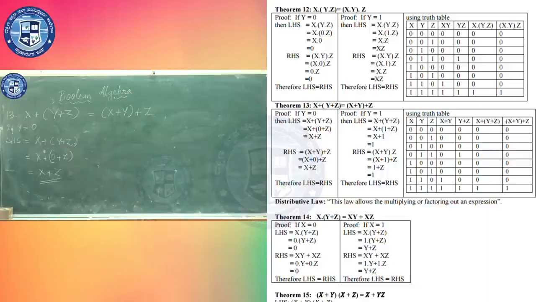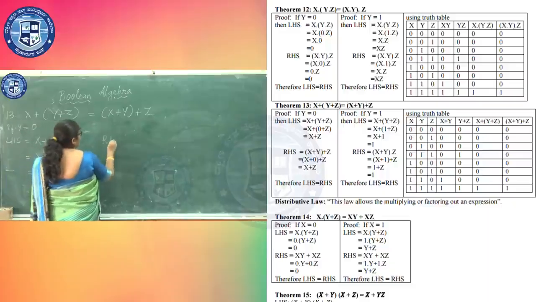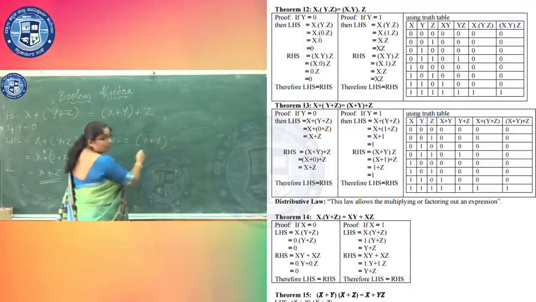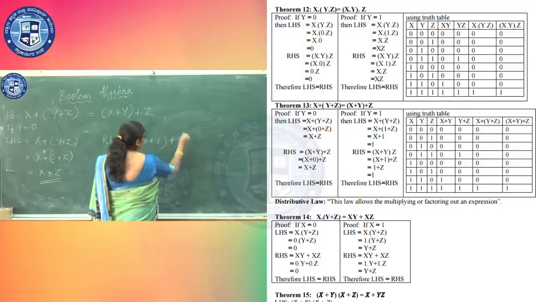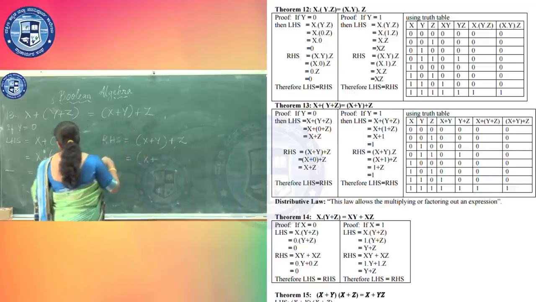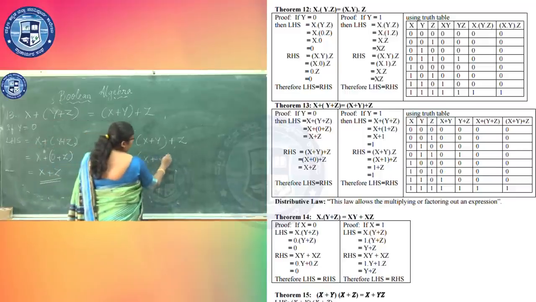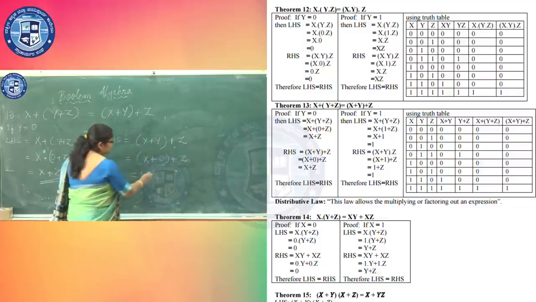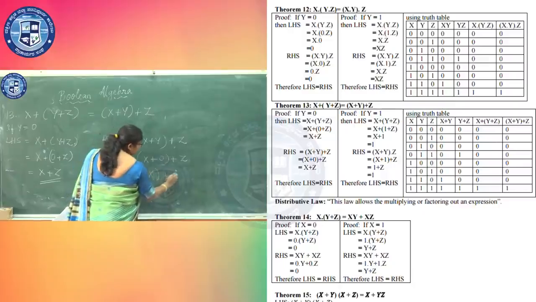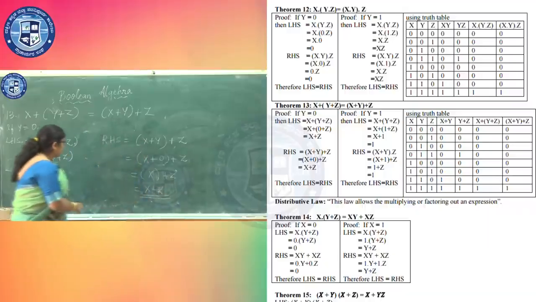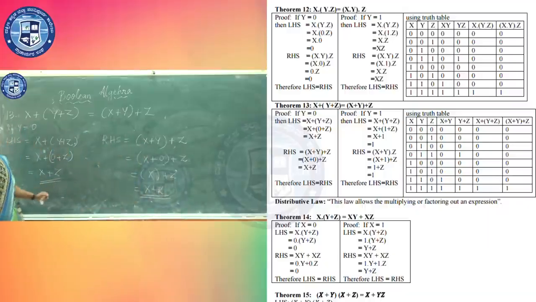Then we have the RHS, x plus y plus z. Value of y is 0 plus z, x plus 0 is nothing but x plus z, and that is equal to x plus z. So the LHS and the RHS come same when we have the value of y to be 0.